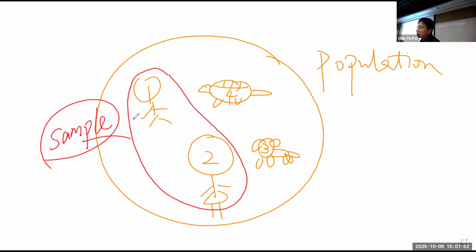But in our class, we don't talk about how you generate a sample. That is out of scope, but you should think that your sample should represent the population, right? Suppose you are going to collect data only on CHK. You want to conclude something that holds for all people in Hong Kong. Does it hold? Probably not, right?